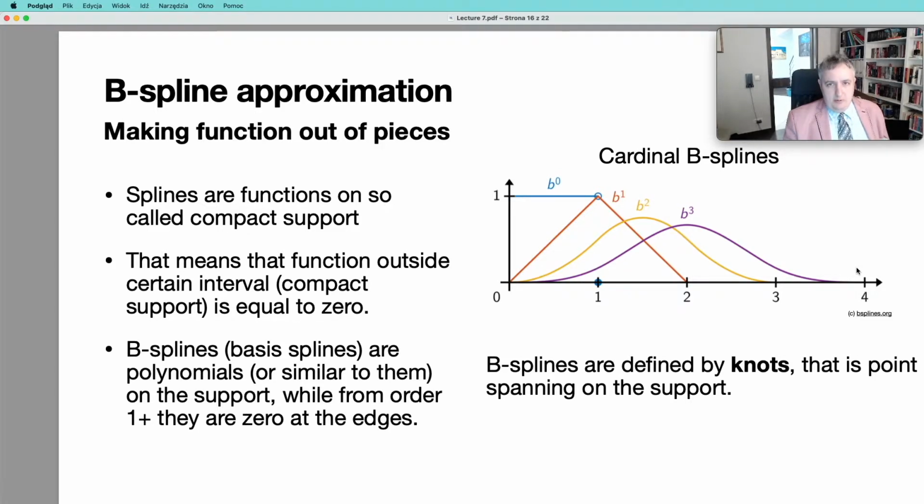They have a limited number of derivatives, and they are very easy to use to approximate many kinds of functions, at least up to a certain level of precision and smoothness. Splines are defined by knots, so if you have 4 knots here, you can define those functions that behave here as a sum of those functions.